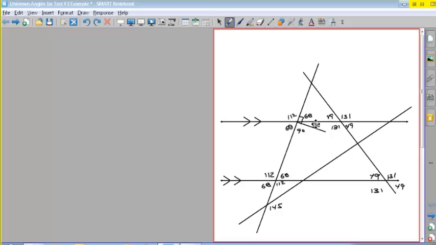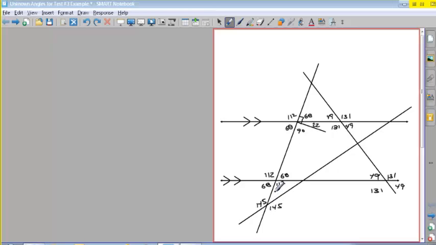Okay, now to handle this side as well as this side, we have these triangles. So this one, we know one of the angles, but if we come down here, we see that we have 2 lines intersecting. So these 2 angles are vertical angles, and the adjacent angles are supplementary.